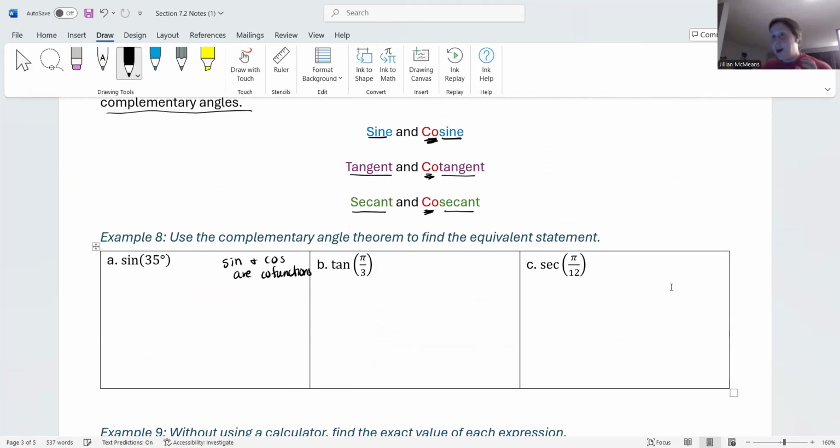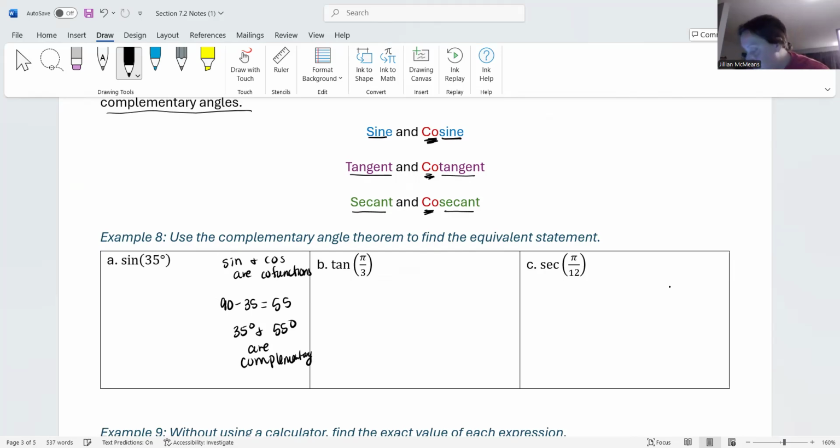We also know that we have this idea of complementary angles, which is very, very important when it comes to cofunctions. So if I have an angle that is 35 degrees, what's the complement to that? Well, I would take 90 and subtract 35. Well, 90 minus 35 is 55. So we know that 35 degrees and 55 degrees are complementary angles.